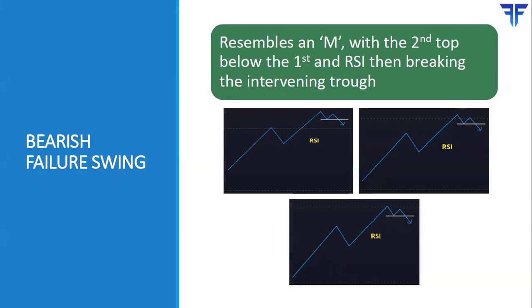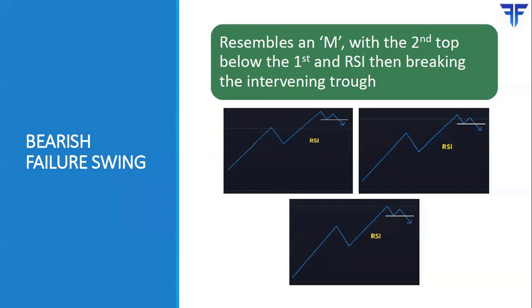While a bullish failure swing resembles a W, a bearish failure swing resembles an M pattern, wherein the second high is slightly below the first high, and then the RSI line goes on to break below the intervening low, which is this point. I've shown it by drawing a small horizontal white line. Once the RSI line breaks below that white line, you have a confirmation of a bearish failure swing.